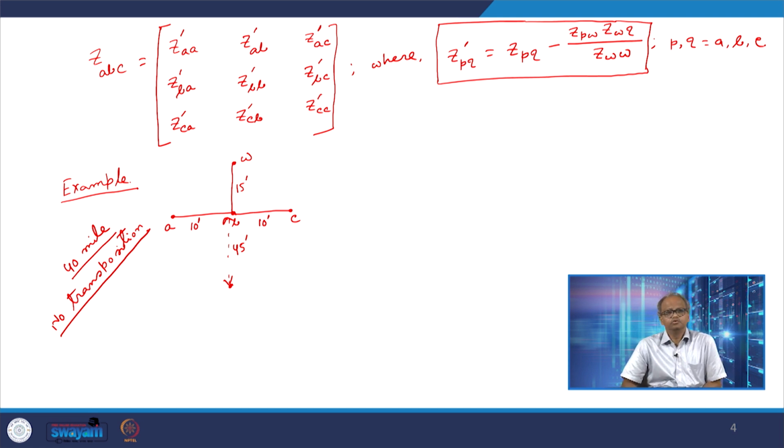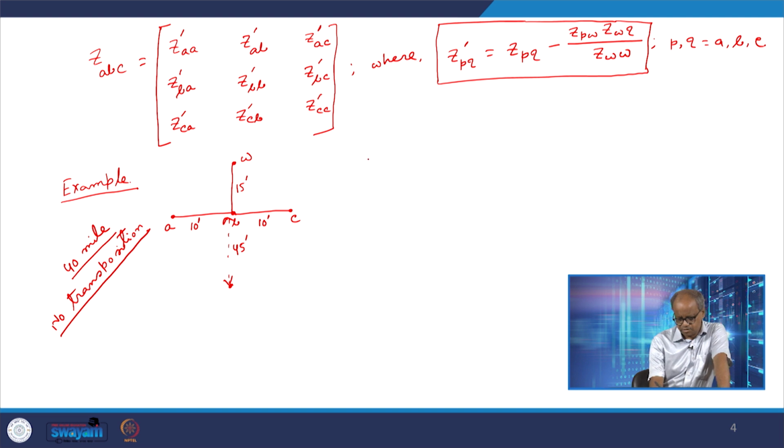Now, if you do remember, in the first example we considered this example, and there we calculated the ZABC matrix, but we did not consider the effect of this ground wire. In this example, we are going to consider the effect of the ground wire. So all the other pertaining data are the same, so we will just mention the extra data.